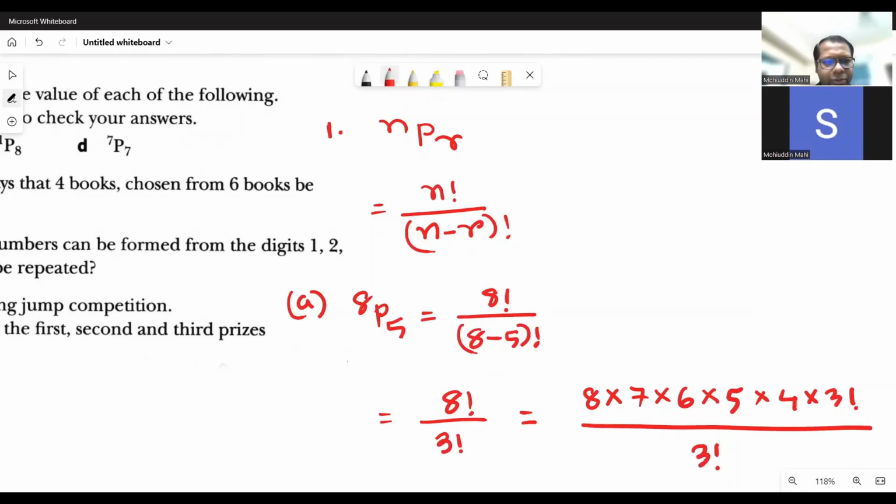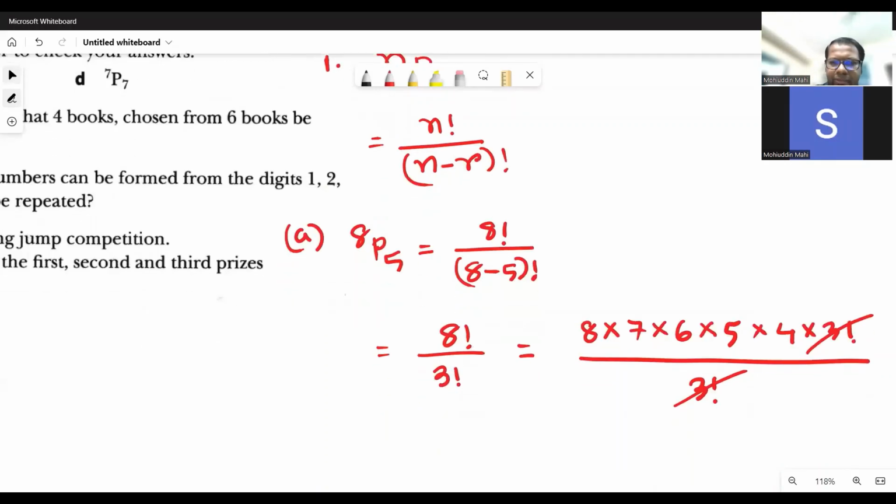And there is also 3 factorial in the denominator, so we can cancel them. Now you can use the calculator. You just have to multiply these numbers.